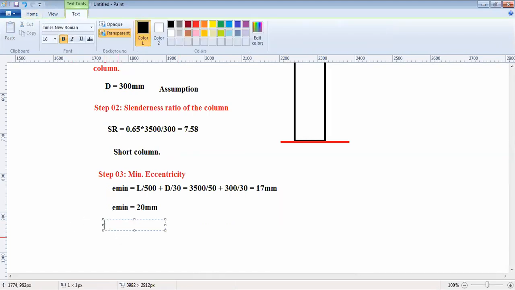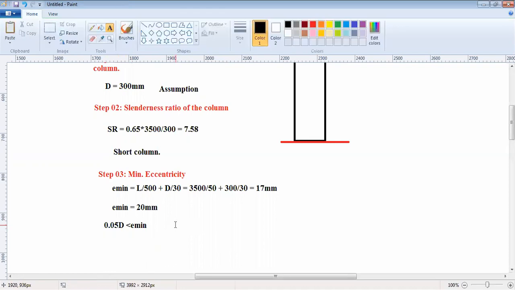Then you have to check that 0.05 into D should be less than e minimum. This is a check that you have to do.